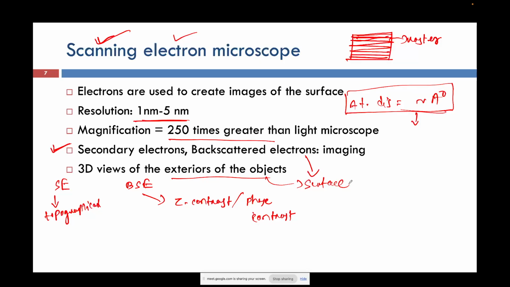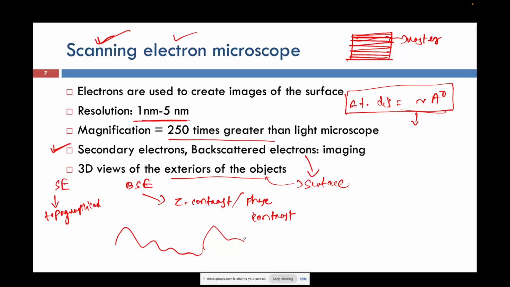once you get the fracture surface, some will be valleys, some will be hills. It's like this kind of thing will be there, right? So in those cases, the depth of focus of the scanning electron microscope is very high if you use the SE mode, right?